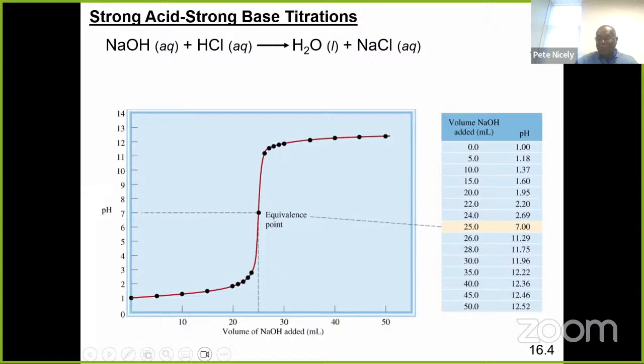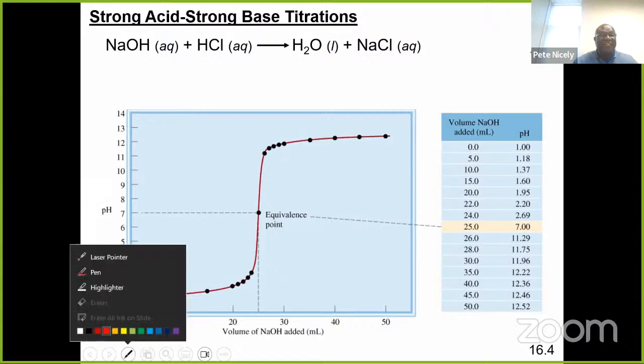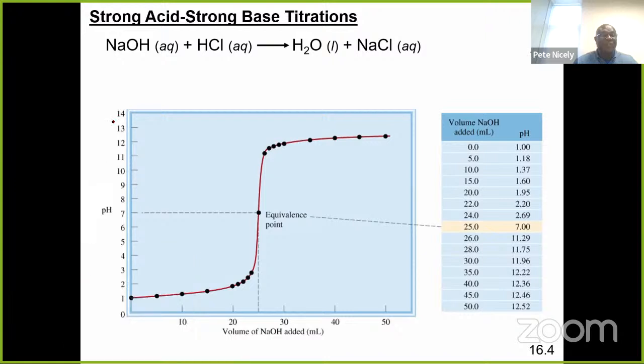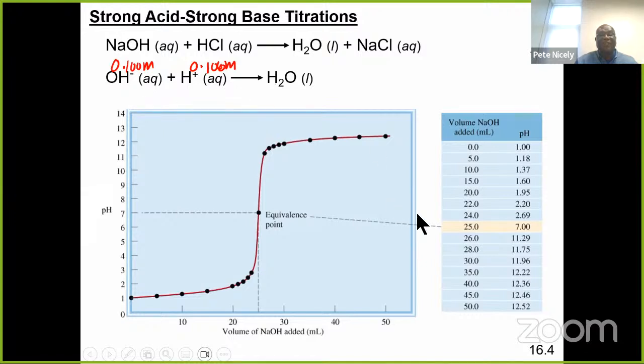And I would go on further to say that the molarity of the sodium hydroxide is 0.100 M, and the same would be true for the hydrochloric acid, which is 0.100 M, all right? So that's basically what is involved in the titration of a strong acid versus a strong base. Okay, this is just showing you the net ionic equation, all right? Hydroxide plus H plus gives you H2O.